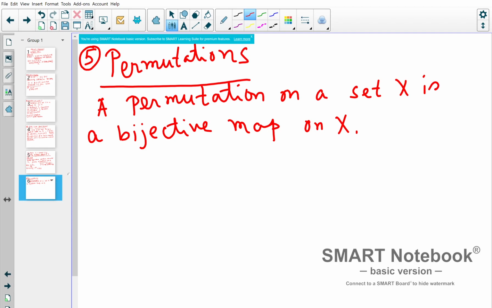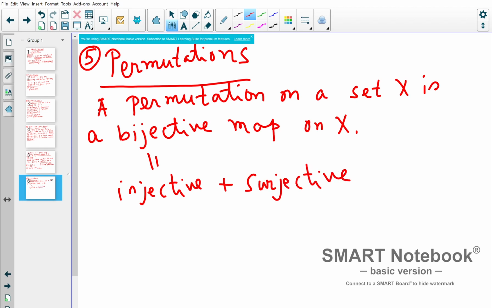So this is a map from X to X, and it is both injective and surjective. Okay, so this is the meaning of permutation.